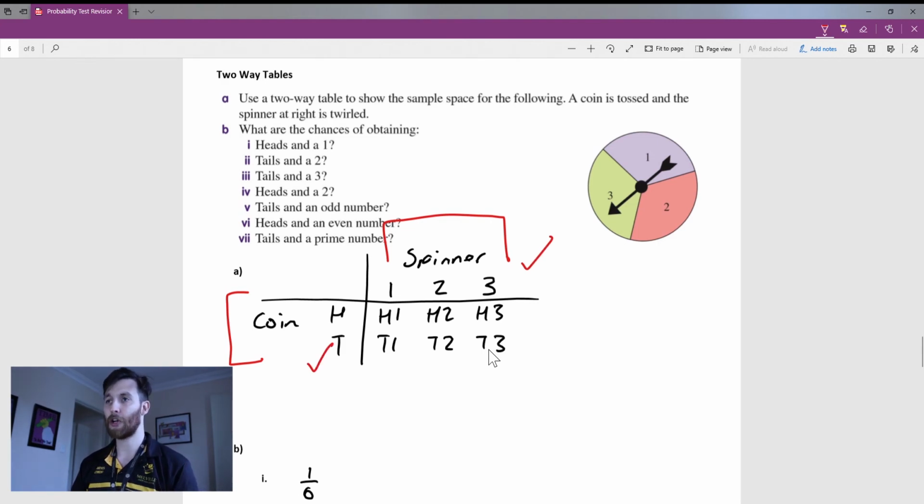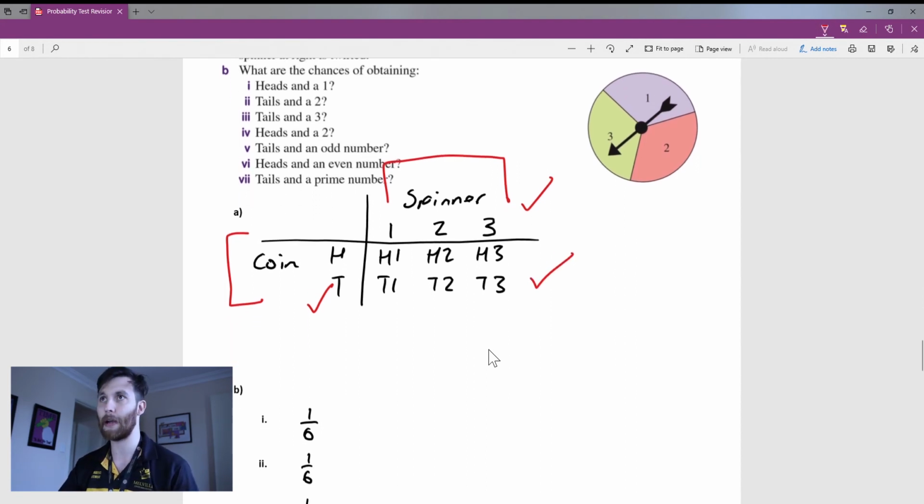So if you've got a coin or a die or a spinner or whatever it is, you've got to have a row or set of rows or set of columns representing those. You've also got to represent every possible outcome. You've got to represent the sample space as well. So say for coins and a spinner, for numbers like this, oh, that box is dreadful, I apologize. For something like that, you've got heads and a 1, heads and a 2, so labeling that clearly is pretty important. So another tick for your sample space there as well.